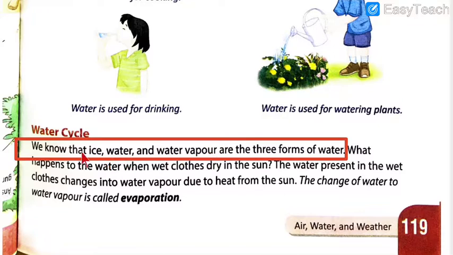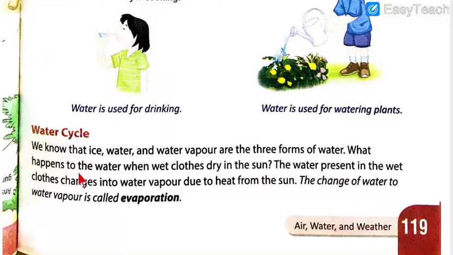Now let us see an interesting topic, the water cycle. We know that ice, water and water vapor are the three forms of water. Wait a minute. So boys and girls, where have you seen this line before? Ice, water and water vapor. Have you heard these three forms of water ever before?